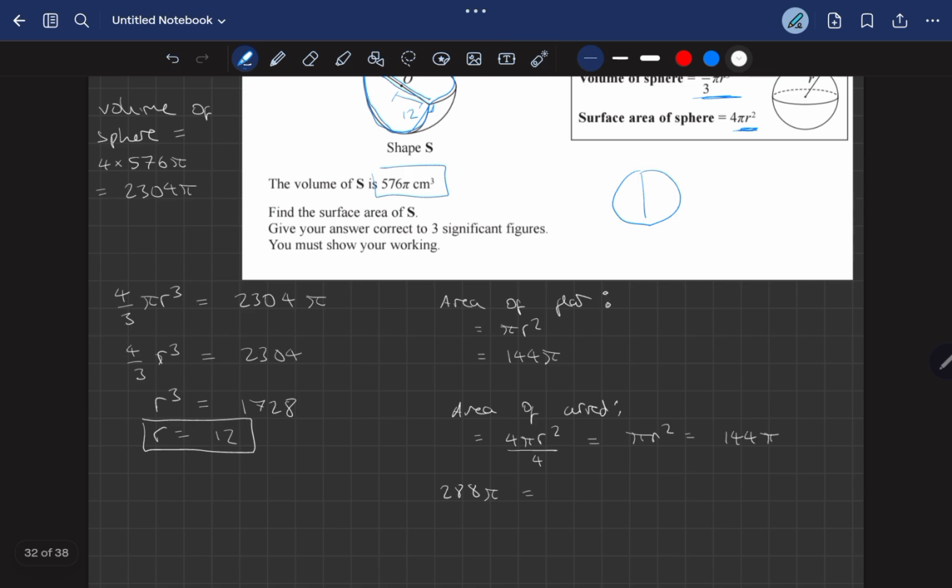And if I convert this into centimeters, 288 times pi, I get 904 point, if we went to 3 sig fig. So let me just write it out fully. 904.7787. And this to 3 sig fig is just 905. So that would be our final answer.